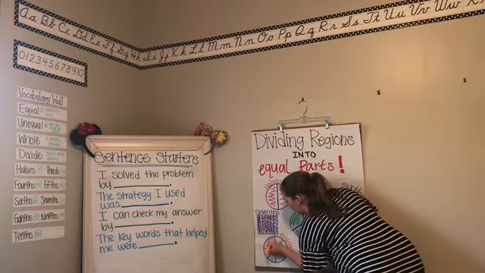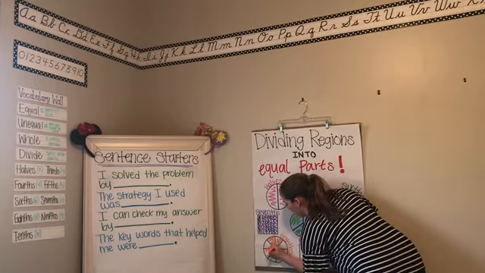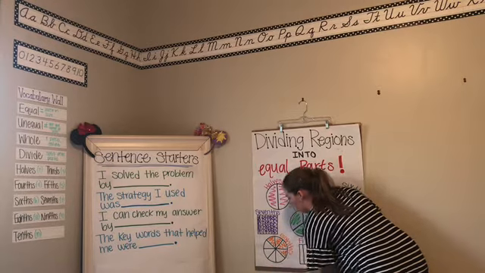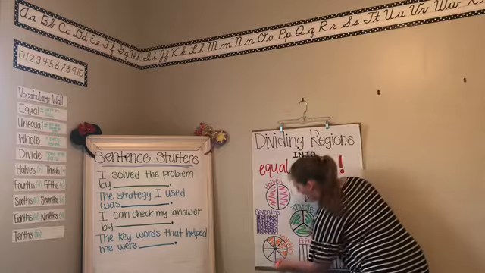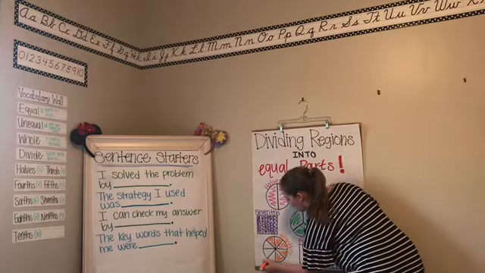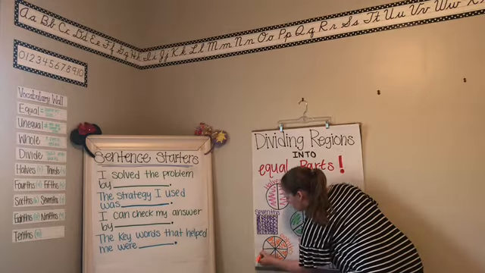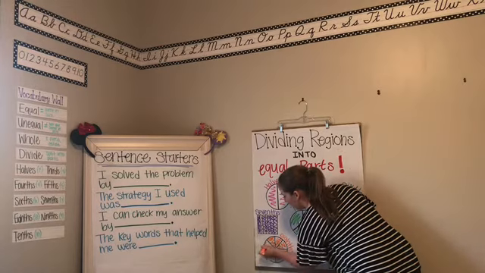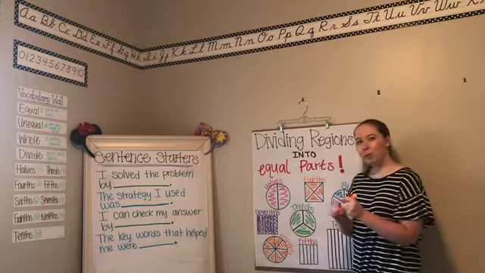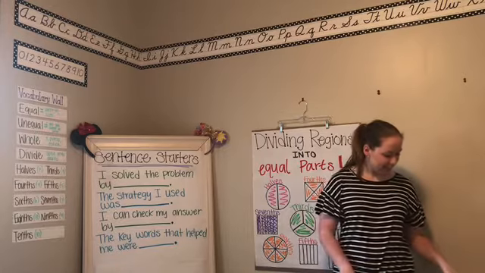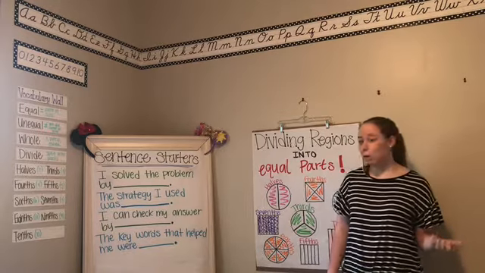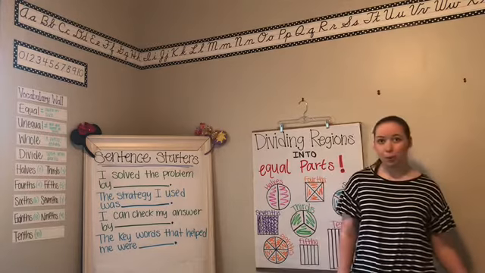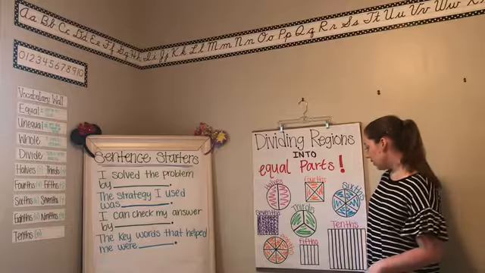Let's see, we have 1, 2, 3, 4, 5, 6. Make sure you're counting along. 7, and 8. How many equal parts were there? That's right, there were 8 equal parts, and we call those eighths because it is broken into 8 equal parts.